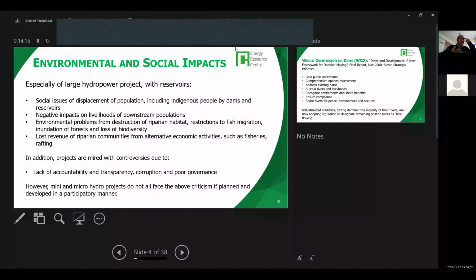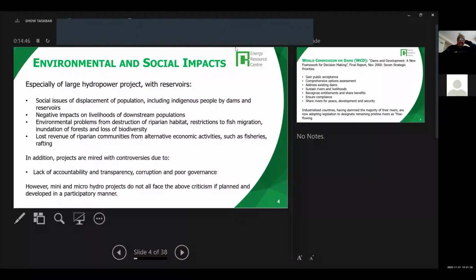In addition, based on the studies by international organizations, lack of accountability, transparency, even corruption and poor governance, especially in large hydropower and infrastructure projects, also bring controversies. There is opposition from environmental groups, from activists, from other social organizations.